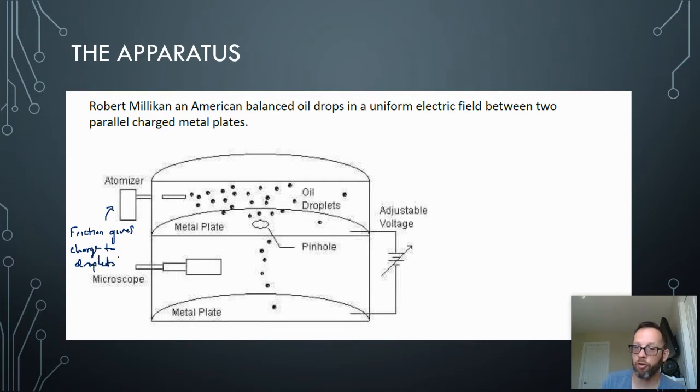If the friction removed electrons from an oil droplet, you would have fewer electrons than protons, so a positive charge. But if an oil droplet gained some electrons, more electrons than protons, it would have a negative charge. So some have positive, some have negative.